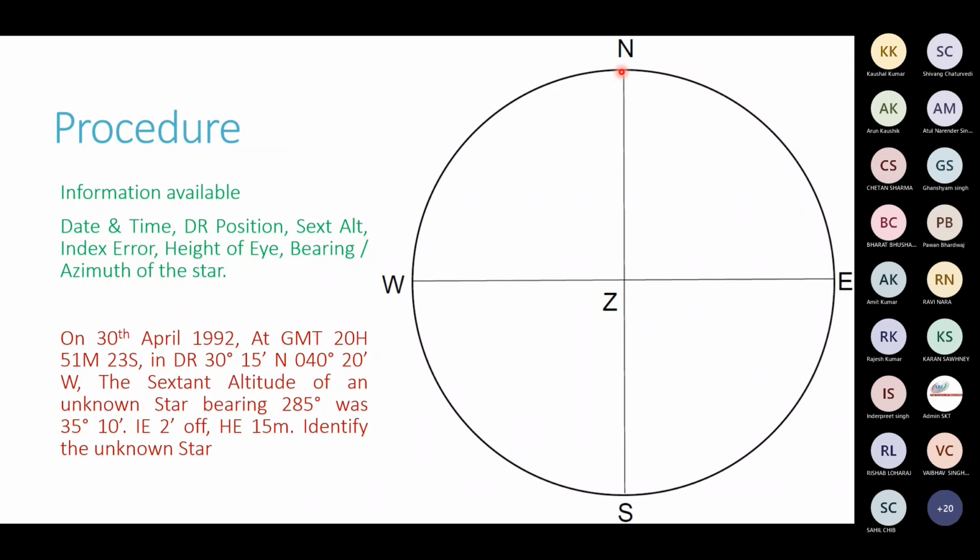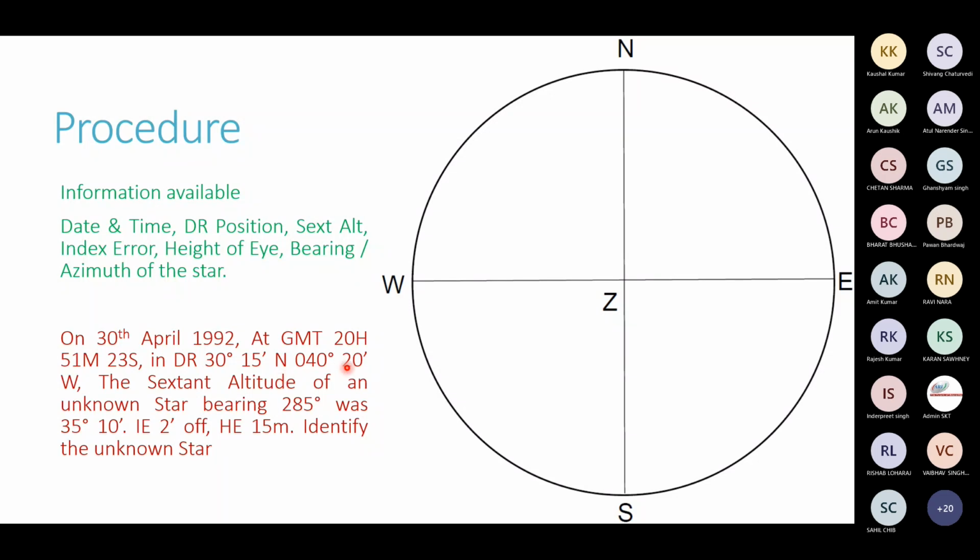Now let's try to fill up all the information which is given to us in the question. The first thing which I pick up from the question is, they have given us the DR latitude 30 degree 15 minutes north. So the observer is in 30 degree 15 minutes north latitude.